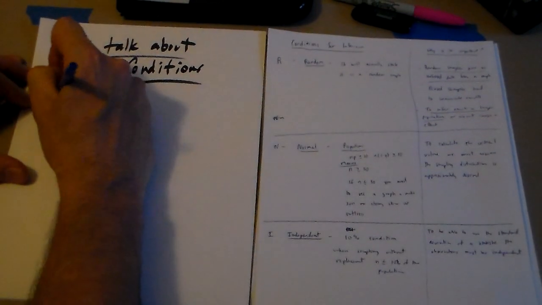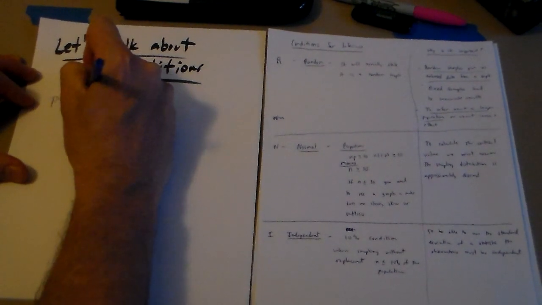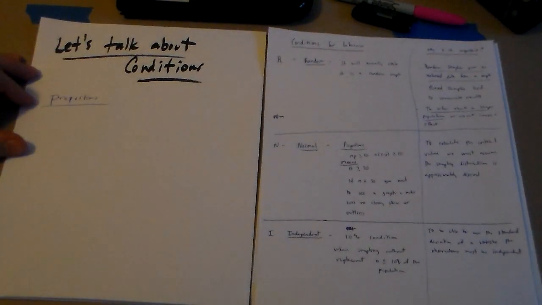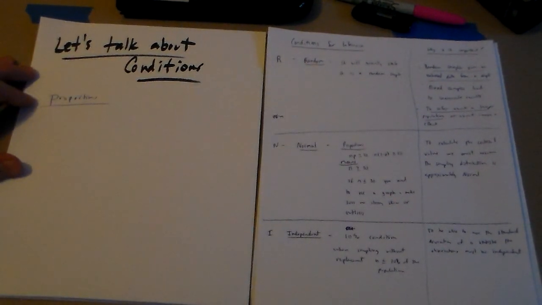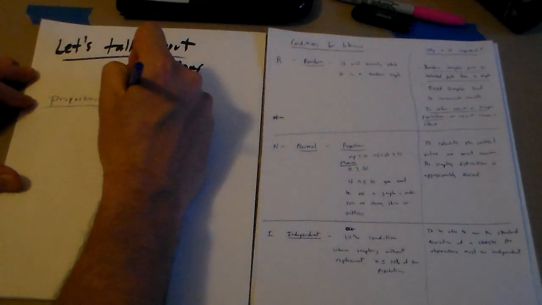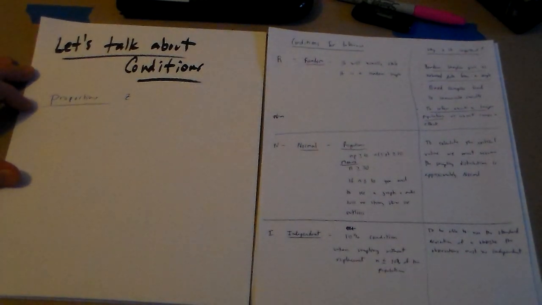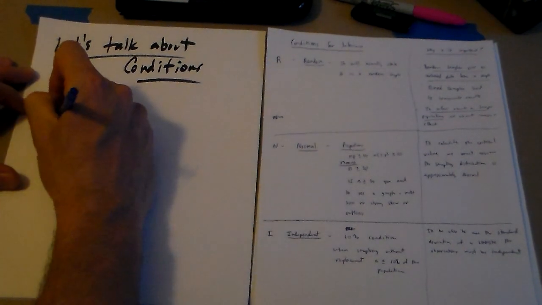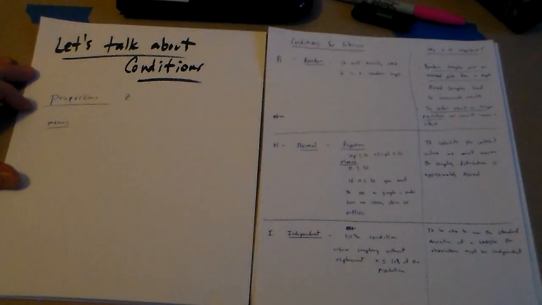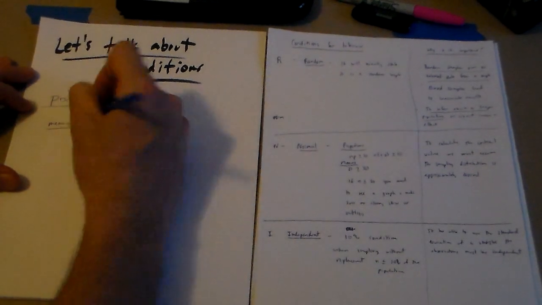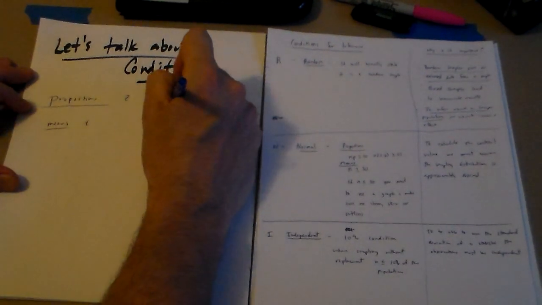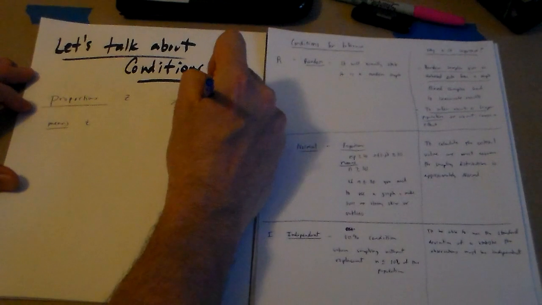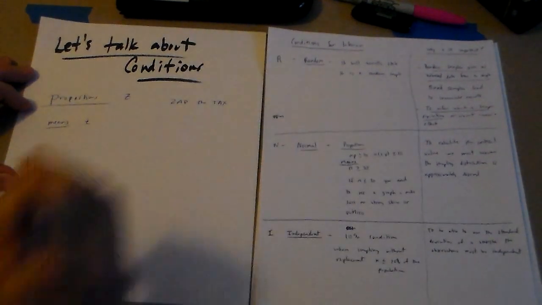If you're talking about proportions and you're doing a confidence interval for proportions, or a significance test for proportions, then you use Z. If you're doing a confidence interval for means, or a significance test for means, then you use T. And the acronym that they use is ZAP the tax, okay?